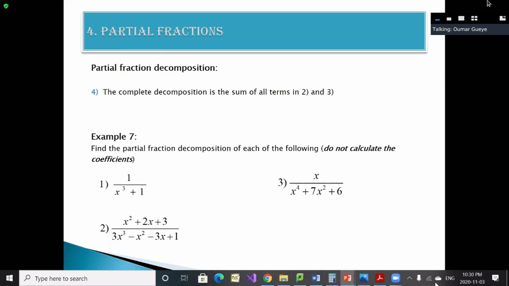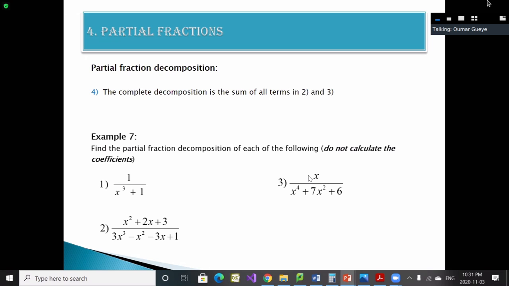All right, for example 3, we have x over x to the power 4 plus 7x squared plus 6. Again, the two conditions are satisfied because the numerator is a polynomial function of degree 1, it's just x to the power 1, and the denominator is a polynomial function of degree 4.